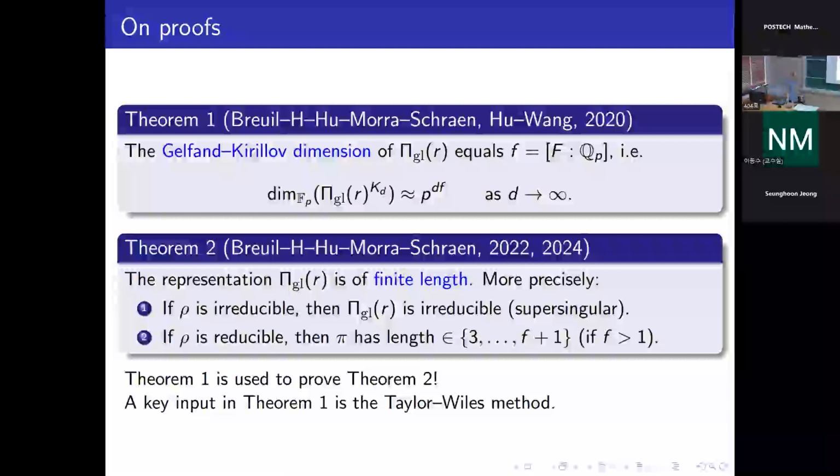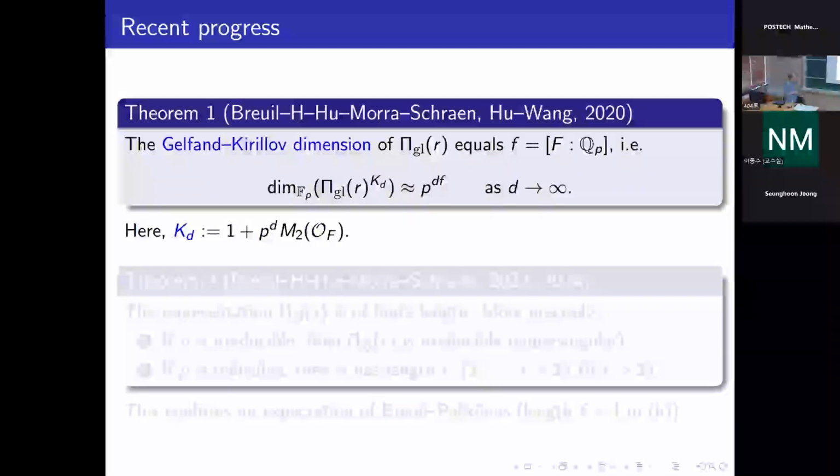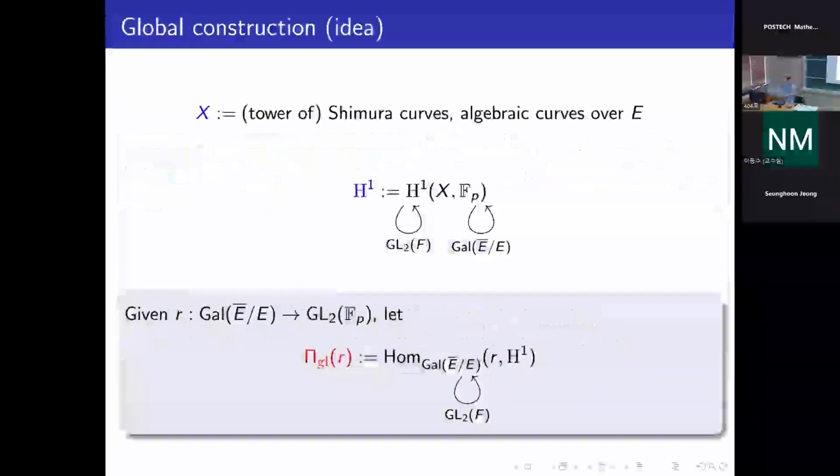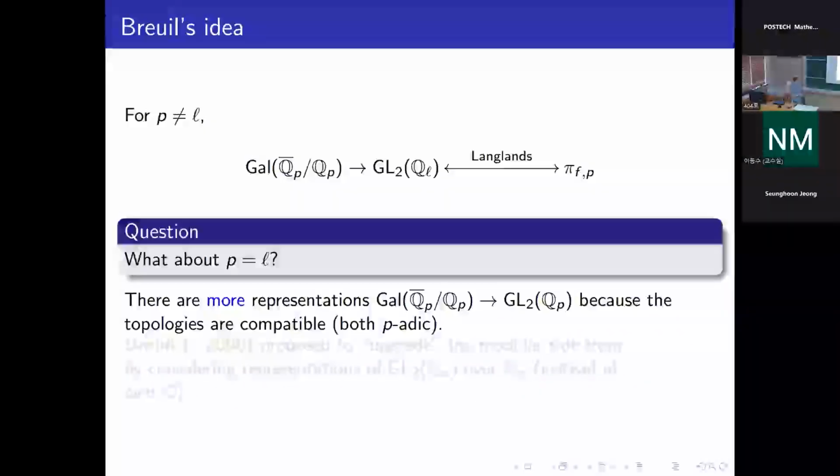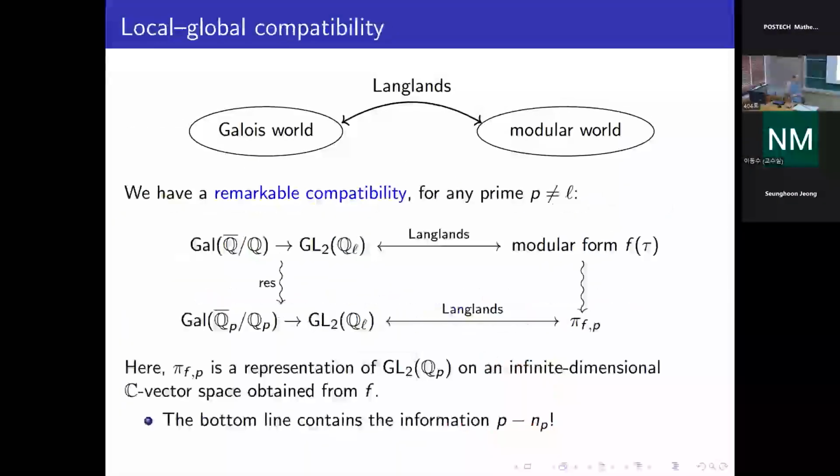Okay, so can you explain, in your previous slides, you have that commutative diagram of the correspondence? Oh, you mean the local one? Yeah, this one. Typically for this local correspondence, at the bottom, yes.